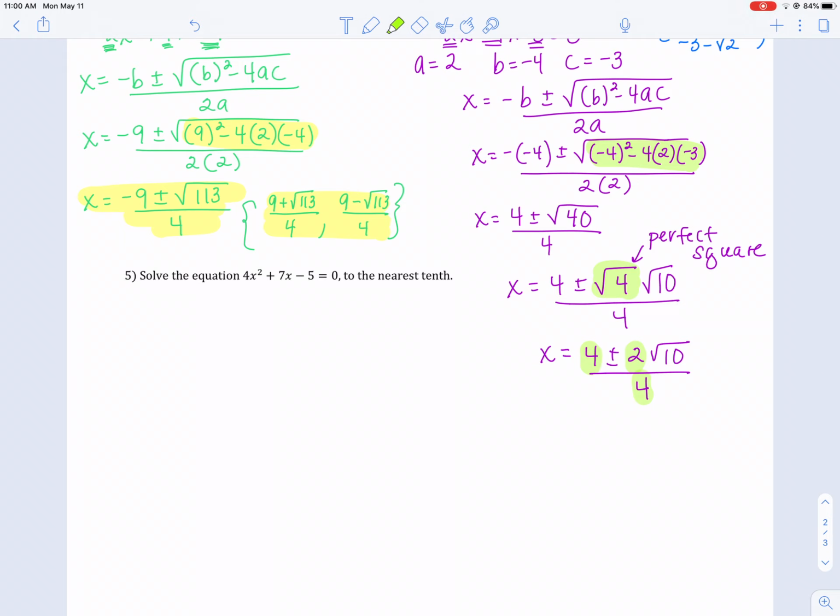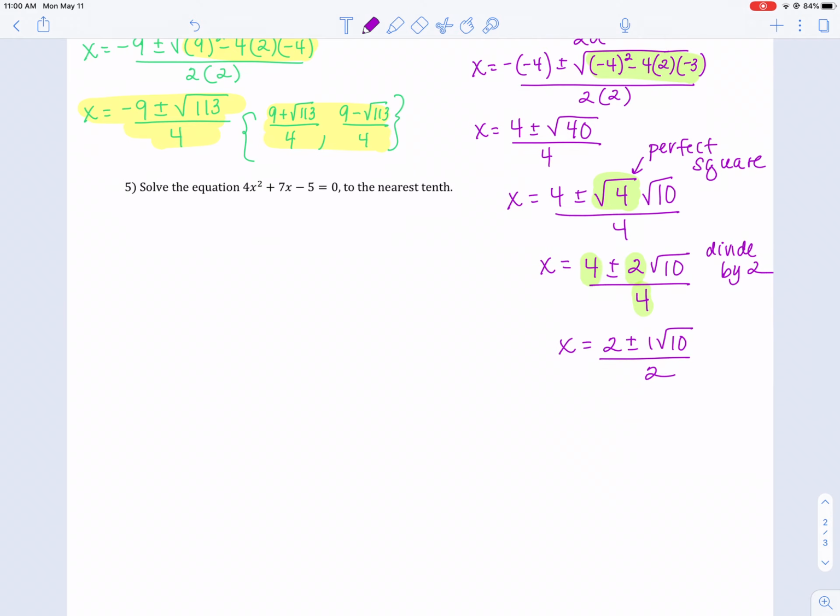What number can go into 4, 2, and 4? Kids will say 4, but you can't divide 4 into 2. Divide by 2. So that would give you 2 plus or minus 1 rad 10 over 2.